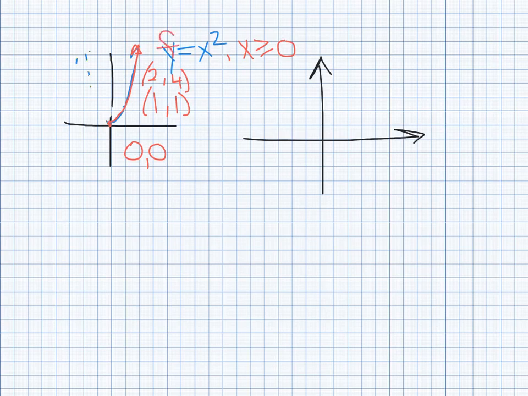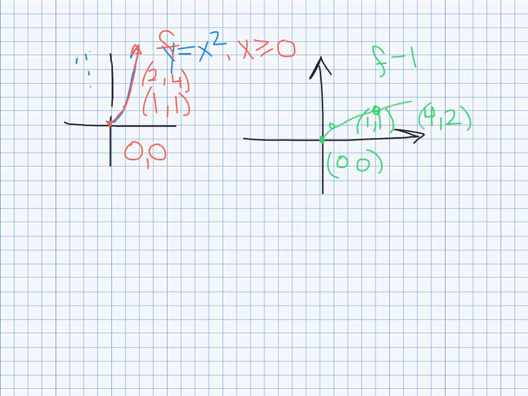I'm going to label this one as f inverse, and I'll have all the same points with x's and y's swapped. So I still have 0, 0, I still have 1, 1, nothing special there, but here's where things get interesting. 2, 4 swaps to become 4, 2. 1, 2, 3, 4, 2. So that becomes my 4, 2 point.